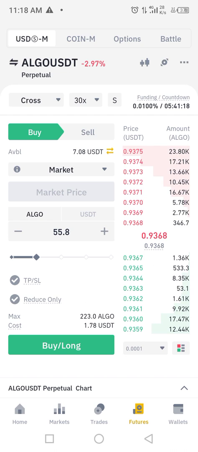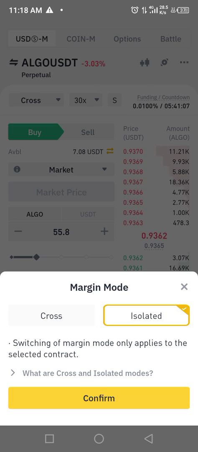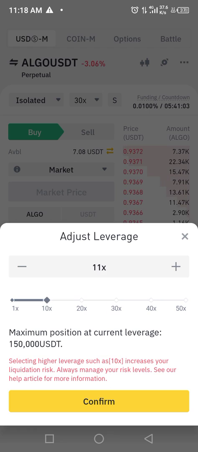I use cross leverage again, 30x, or I can even use isolated leverage. When you are using isolated leverage, don't be too greedy. Make sure you use a small leverage factor, maybe 5x to 10x, depending on your maximum balance.